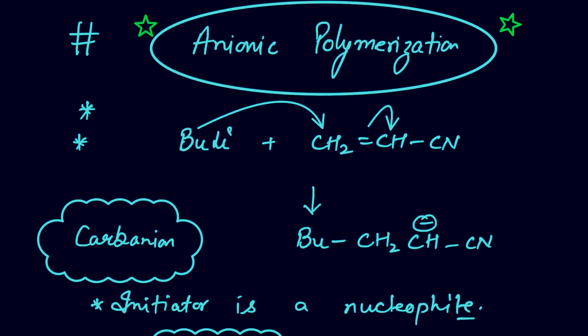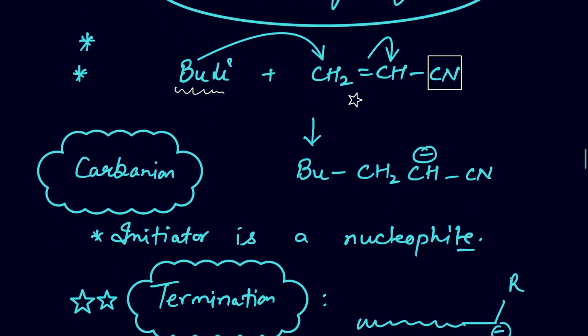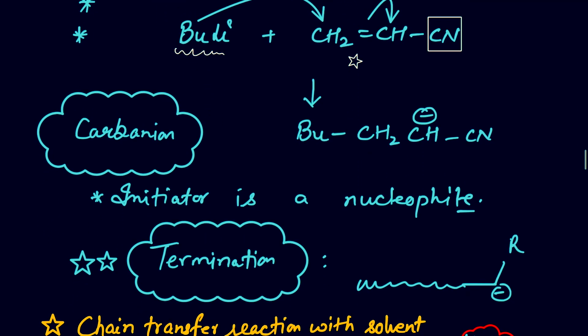As we have earlier said, butyl lithium acts as an initiator in this reaction. So first it forms a carbanion. We have attached a cyanide group that is electron withdrawing in nature. So the initiator here is basically a nucleophile.